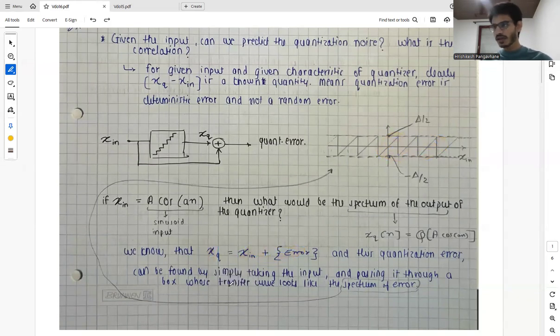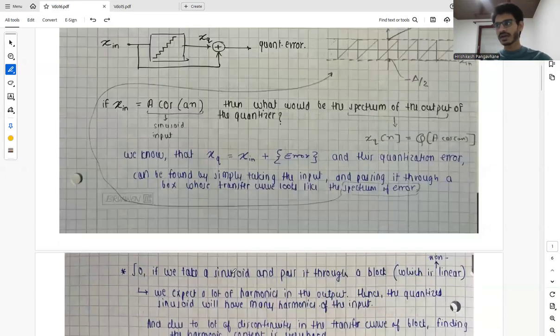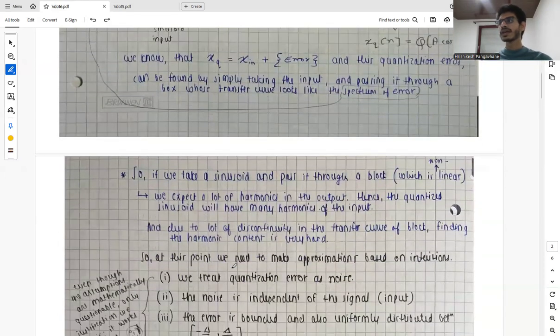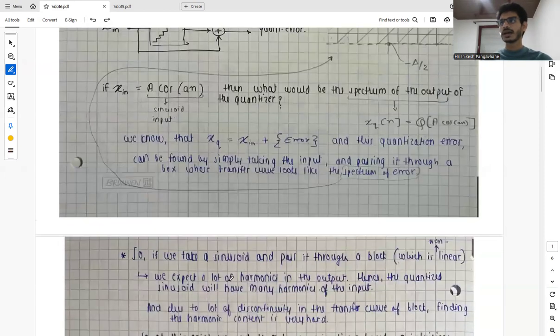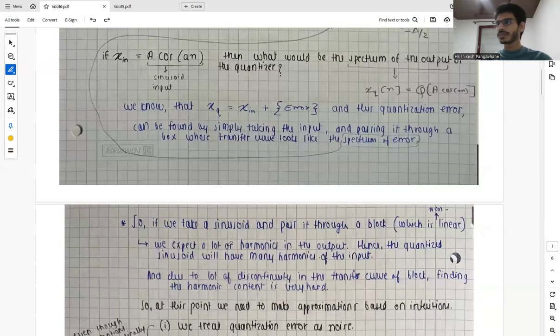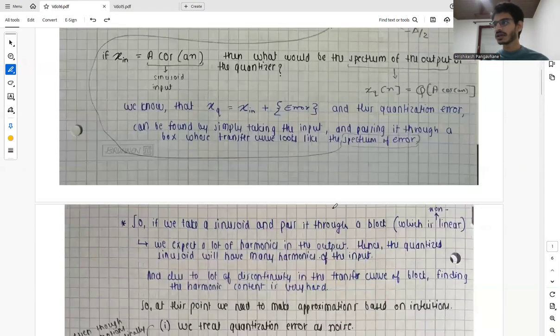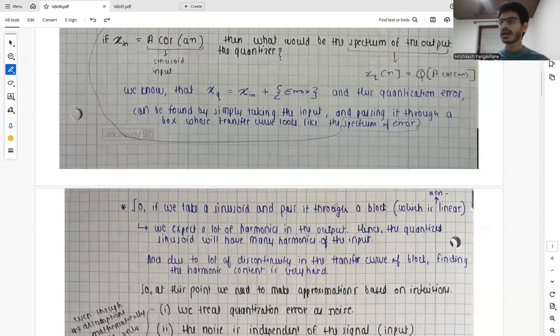So that's one way of looking at it, because we are defining the characteristics of the error. If we take a sinusoid and pass it through a block, which is obviously non-linear, we know this is not linear. It has so many spikes and transitions.